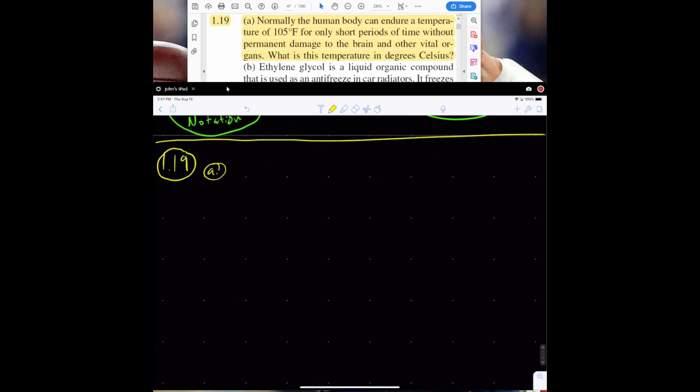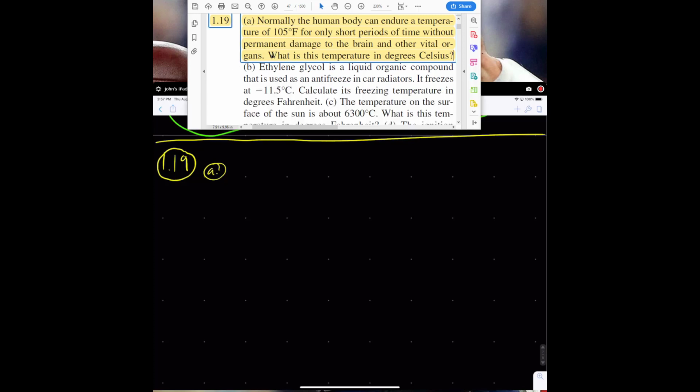Alright, for 1.19, it states, normally the human body can endure a temperature of 105 degrees Fahrenheit for only short periods of time without permanent damage to the brain and other vital organs. And it's asking, what is this temperature in degrees Celsius? So there's a couple different parts to this question.